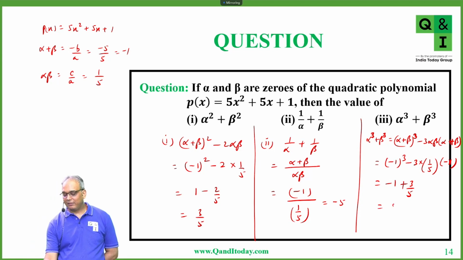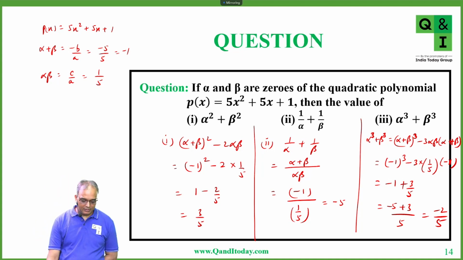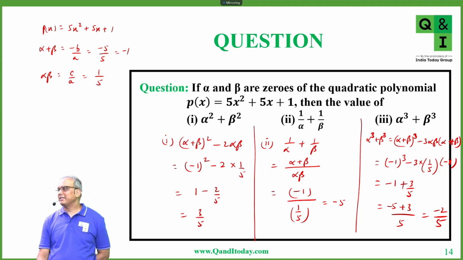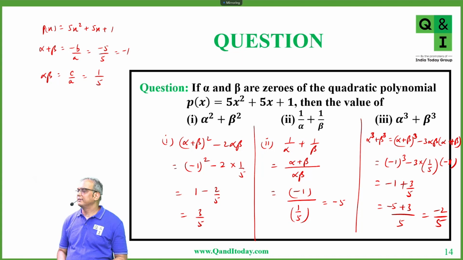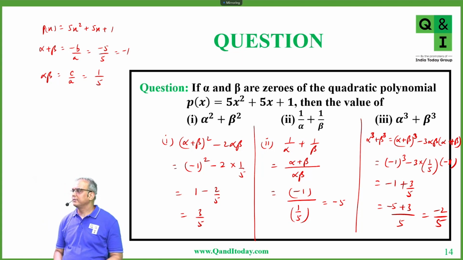So this is minus 5 plus 3 over 5, which is minus 2 by 5. Yes, correct, Raghavi. So answer is negative of 2 by 5. Please note this down. Has everyone understood this? Understood, sir. Okay.